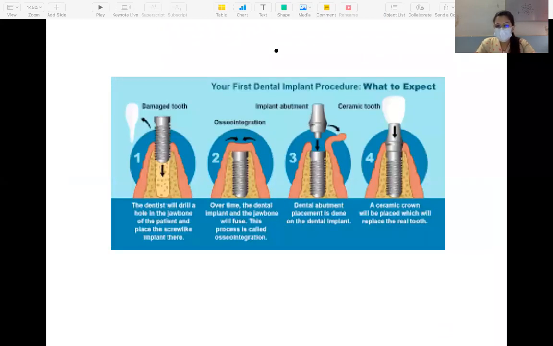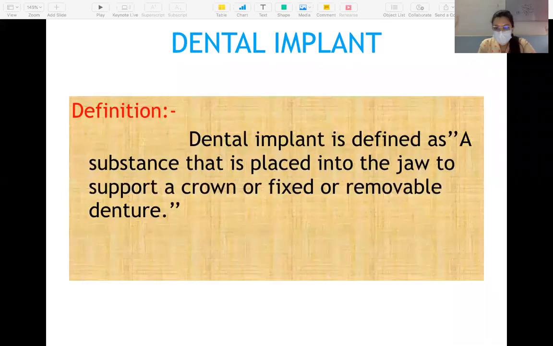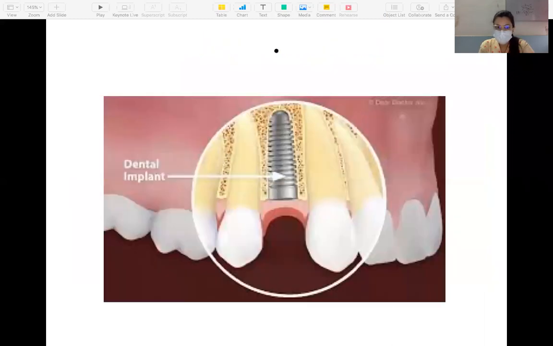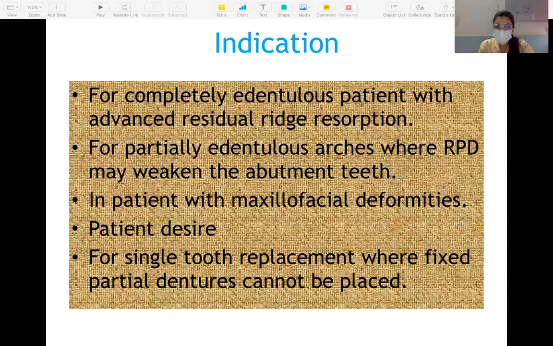These are various factors which affect osseointegration. Dental implants, like I started the topic, are substances that are placed into the jawbone, a kind of anchorage, to support the crown or fixed or removable prosthesis. This is how it looks.